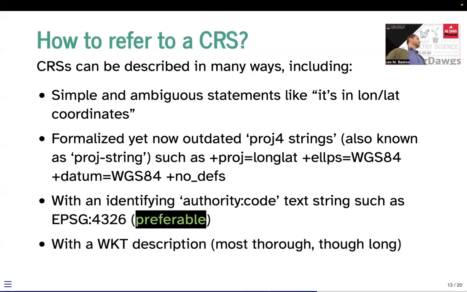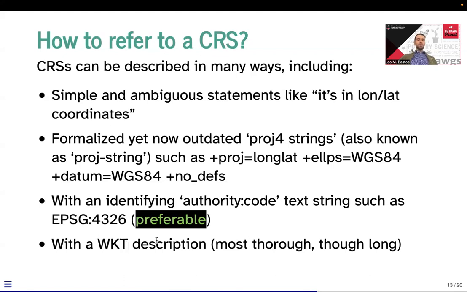However, all these previous three ways that I described to you are different ways of referring to it, but none of them is completely thorough as far as all the information that you could provide about that specific CRS. There is one last way of referring to a CRS that's called a WKT description.